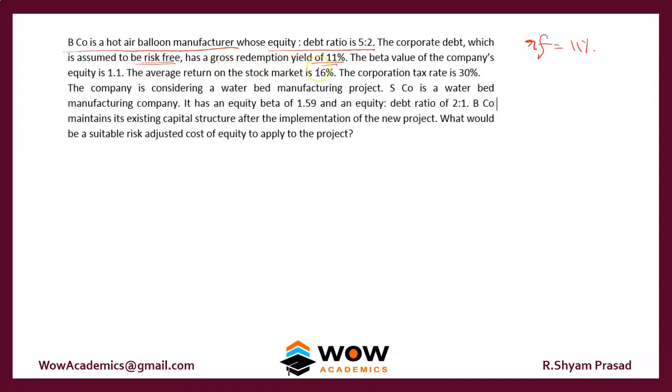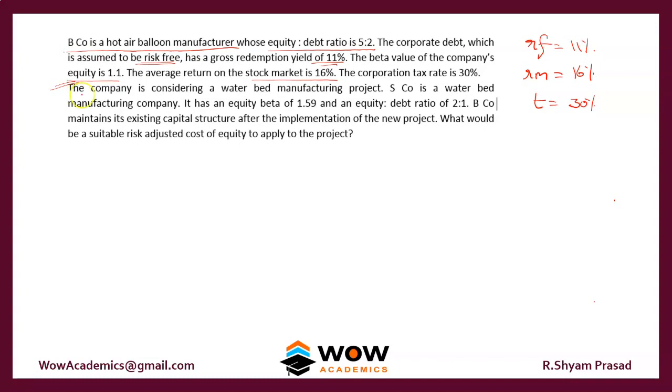The beta value of the company's equity is 1.1. The average return on the stock market is 16%, so RM is 16%. The corporation tax is 30%, so T is 30%. That is the one part of the problem.